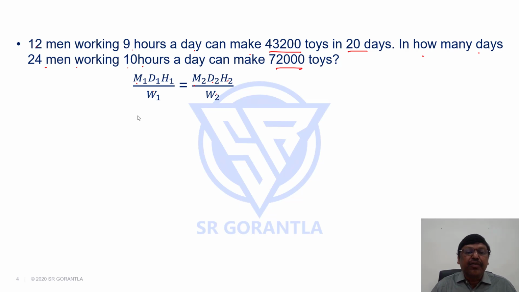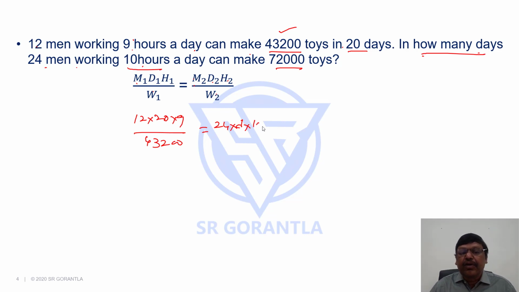Here, first case, number of men 12, number of days 20, hours is 9, and the work is the number of toys they are making, that is 43,200, equals, second case, 24 men, days we have to find out, hours is 10 hours a day, by work is 72,000 toys.